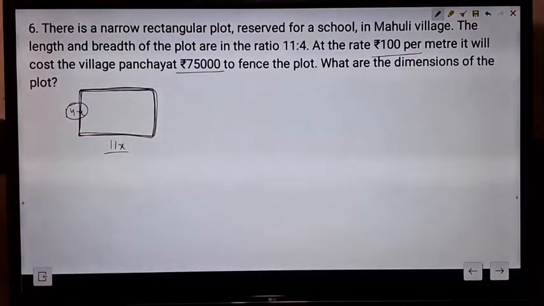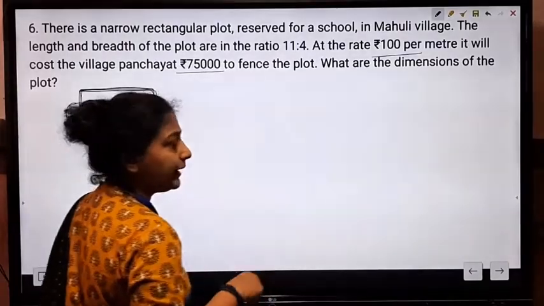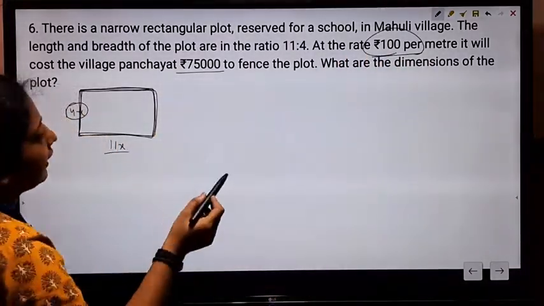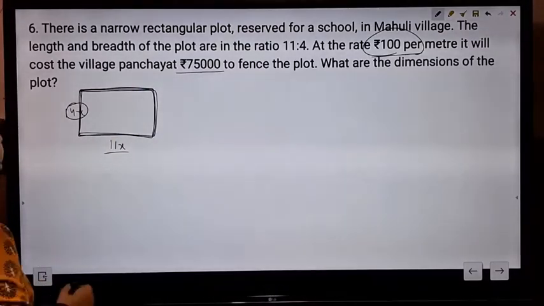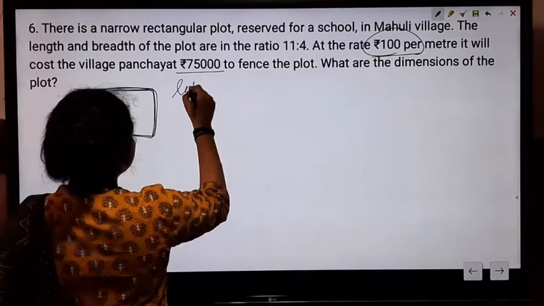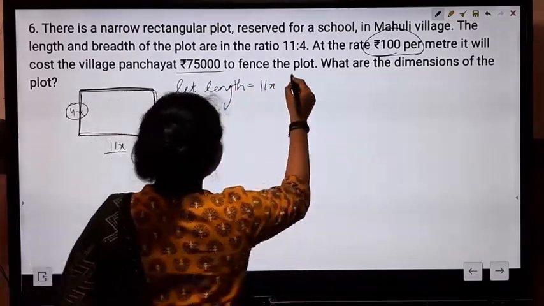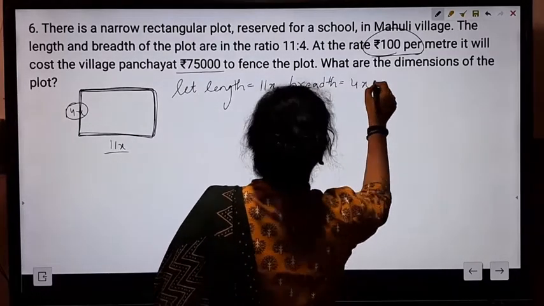So first of all, we need to find out the perimeter. Then we multiply the total perimeter by 100, and equate it with this value to get the answer. So let length equal 11x, breadth equal 4x.